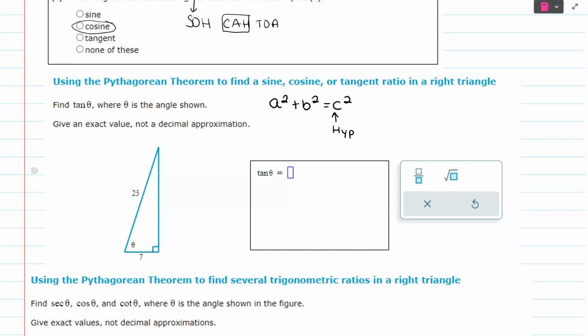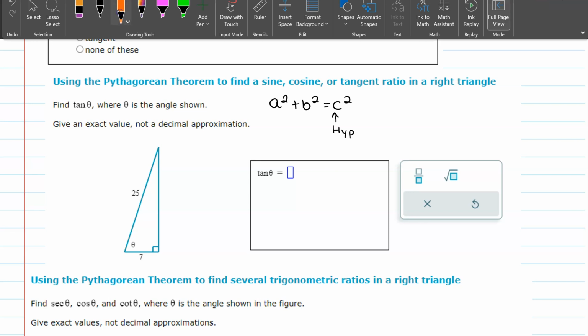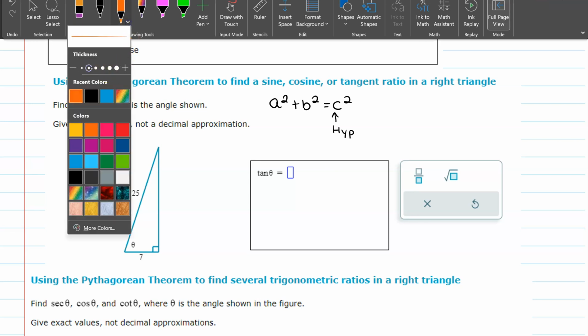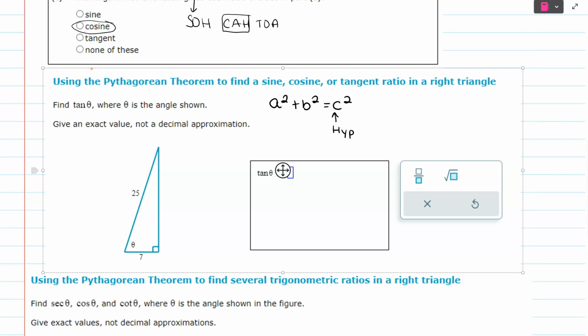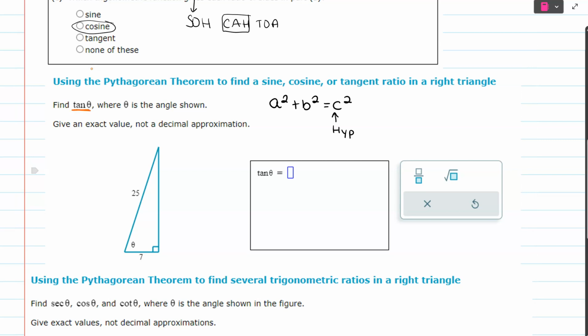So now we want to find the tangent of theta. So here's theta here. This is going to be my adjacent side. This is going to be my hypotenuse side. And this is going to be my opposite side. Now opposite I don't know, but I'm not sure if I need it.